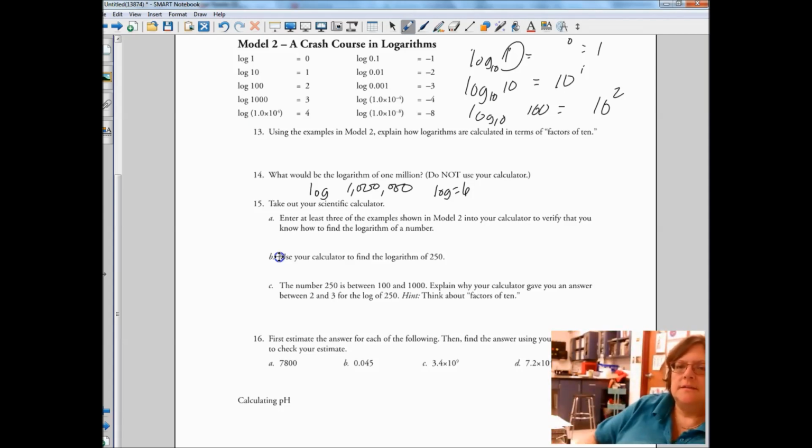Okay? And this question says, why did it give us an answer between 2 and 3? 2.39. Well, because 2 would be 100 and 3 would be 1,000. So it's going to be some fraction of an exponent between the two.